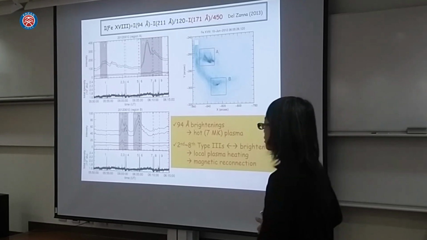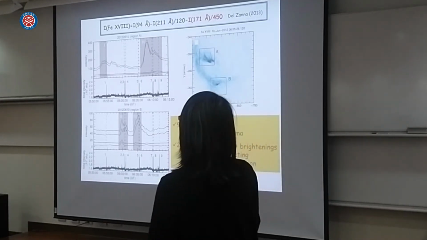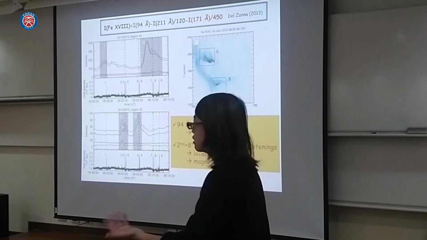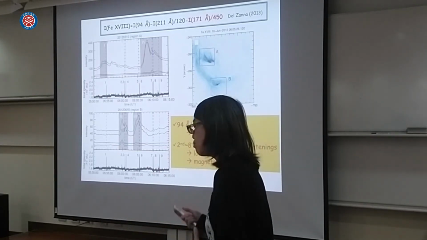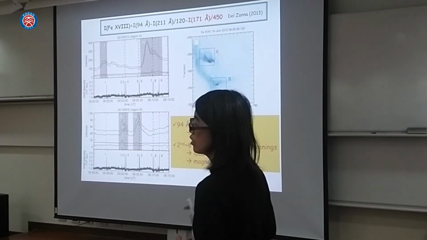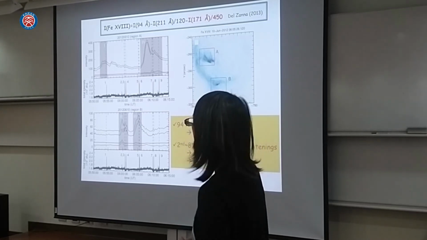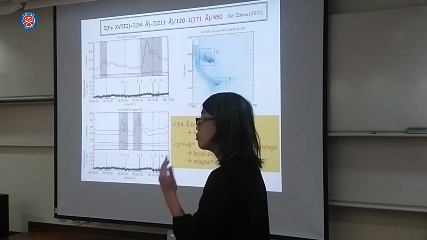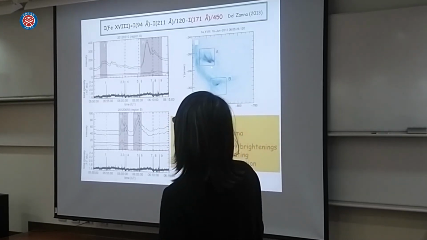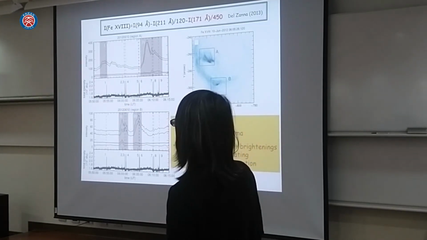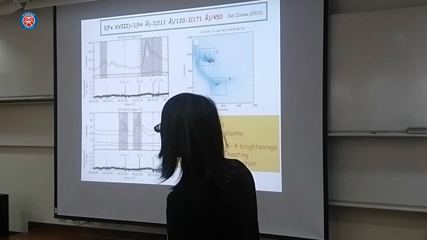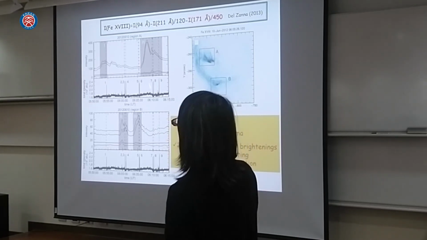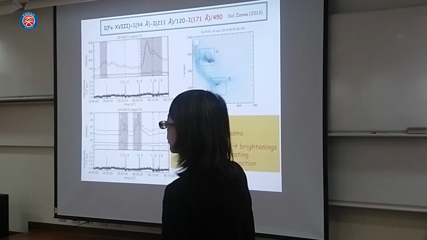So we suggest that the brightening in the 94 image should mainly come from the hot plasma contribution, because we see the temporal correspondence and also the spatial correspondence between the brightening and the tapestry occurrence time.